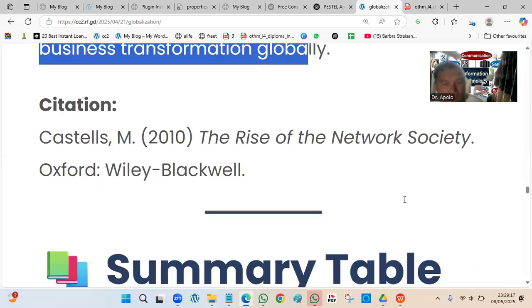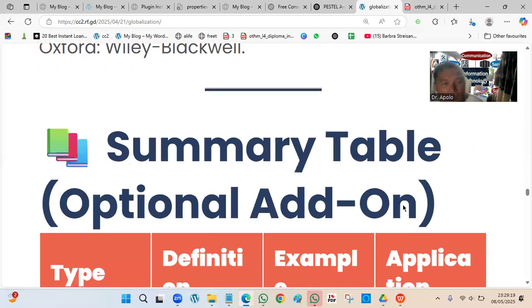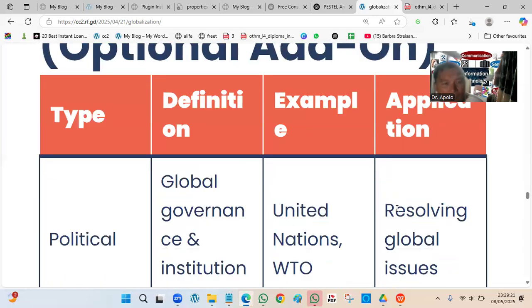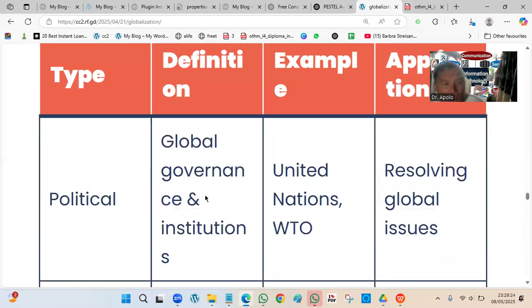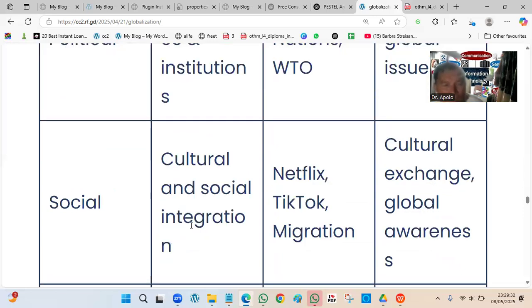So, a summary of the table. We have political: definition, global governance institutions; example, the UN; implication, solving global issues. Social: cultural and social integration; example, Netflix, TikTok, migration; implication, culture change and global awareness.